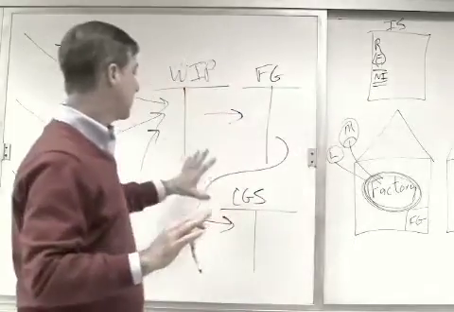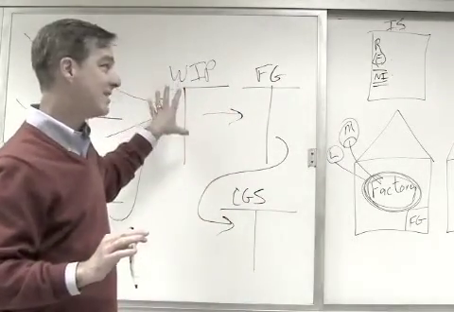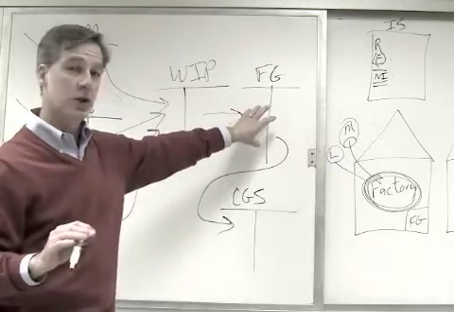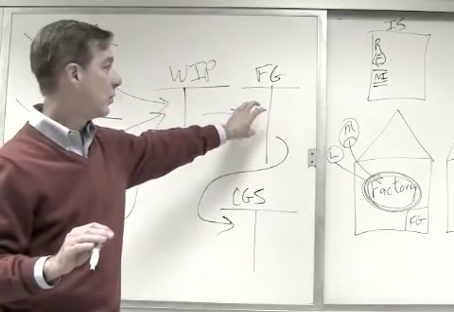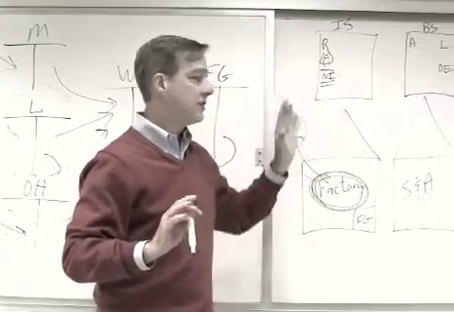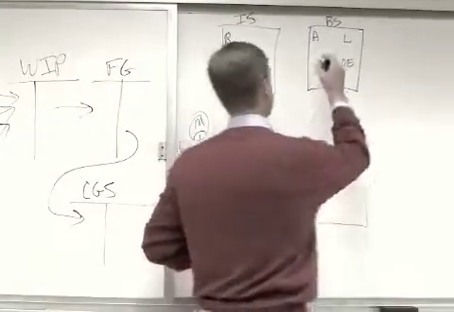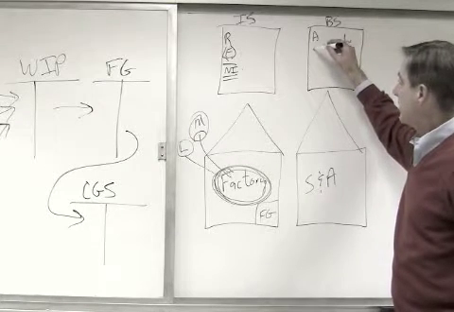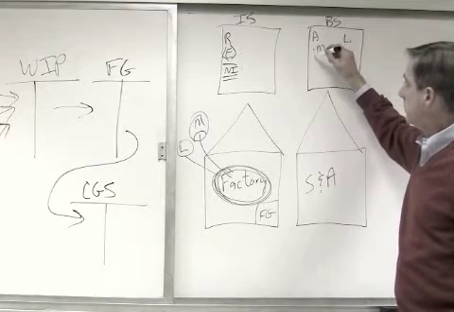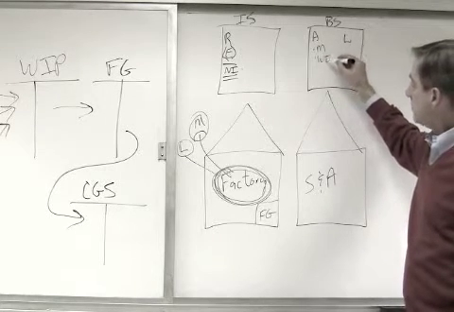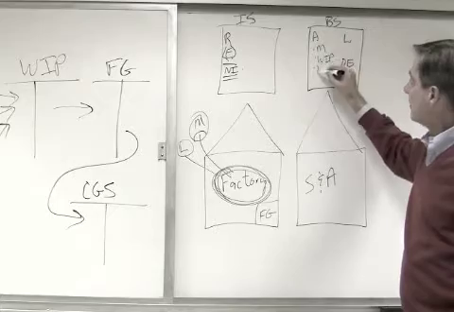If we didn't accumulate the costs and hold them as an asset, as either material, work in process, or finished goods, then they might show up on the income statement too early. Until we sell the goods, they should appear under the assets as either inventories of material, work in process, or finished goods.